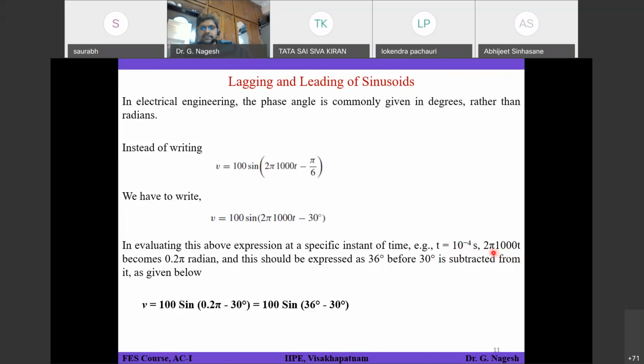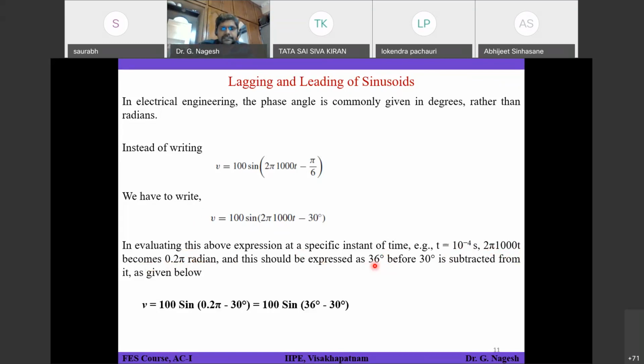You have to convert both into degrees. So 2 into pi into 1000 into t, you have to convert into degrees. That means t is 10 power minus 4. If you multiply, it will become 0.2 pi radians. This should be expressed as 36 degrees. 0.2 into pi radians is equivalent to 36 degrees.